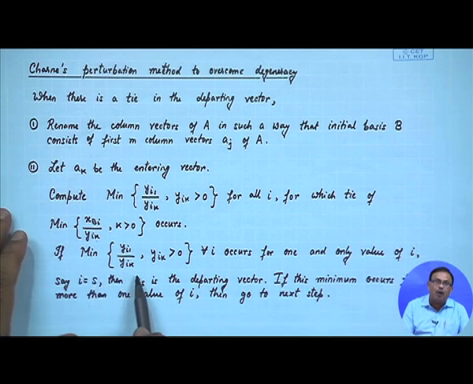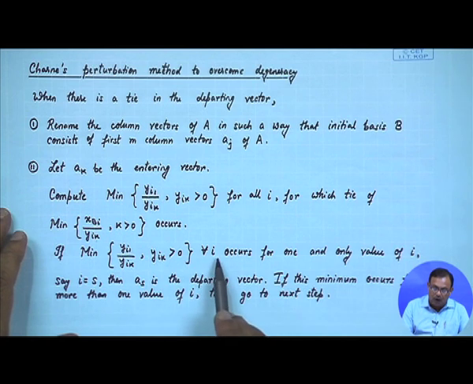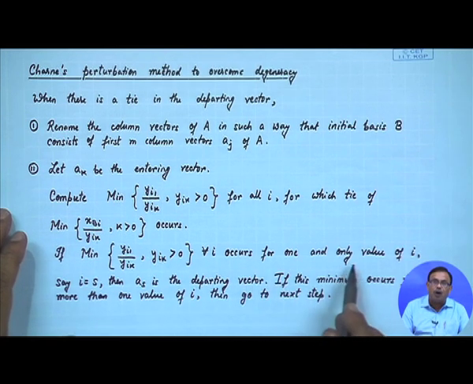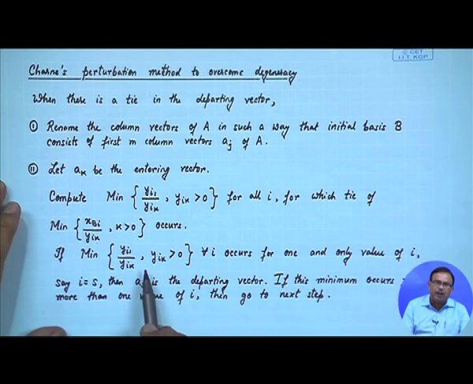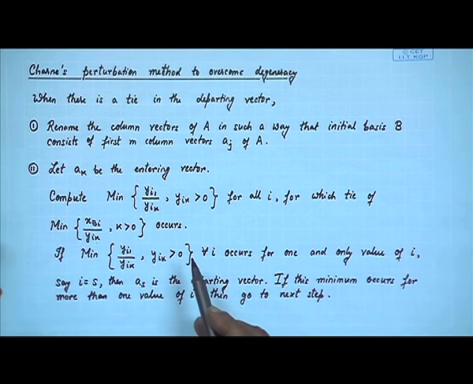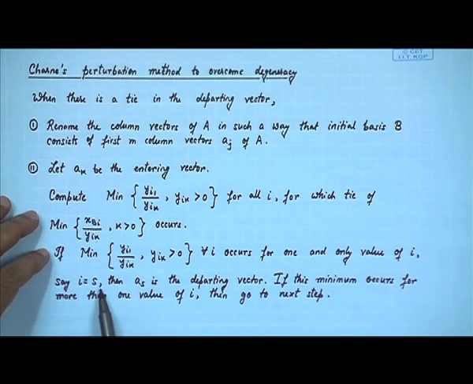If minimum of yi1 by yik greater than 0 for all i occurs for only one value of i, that is whenever again you are finding out the minimum, and after finding the minimum, if I can find a value of i for which is unique, where the value is minimum, which is say i equals s, then you will tell as will be the departing vector.